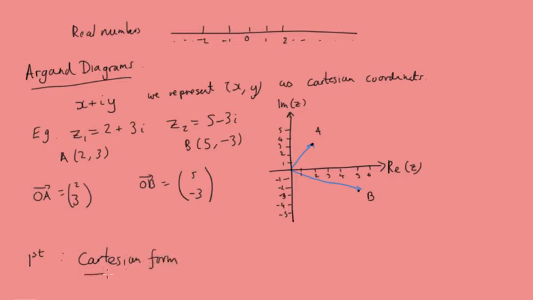The Cartesian form is when we just have x plus iy. So this is the Cartesian form. Now the second way is called the modulus-argument form. This is the second way of representing a complex number.